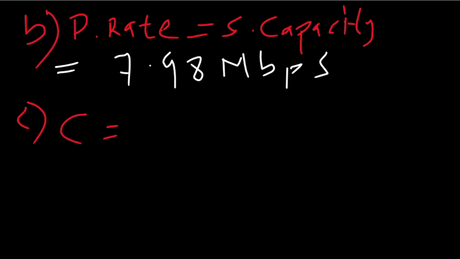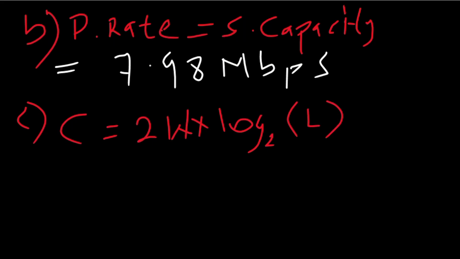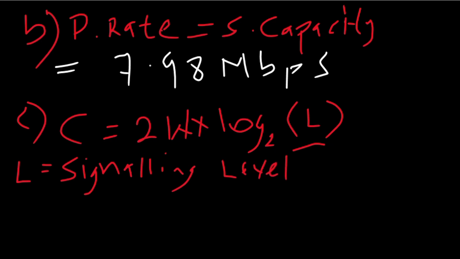So the formula C is equal to 2 times W multiplied by log to the base 2 of L, where the C is the Shannon capacity. Now we are going to find our L, where the L is the signal level. We have the Shannon capacity, we have our bandwidth. So let's substitute these values and evaluate the answer for the L, which is the signaling level.